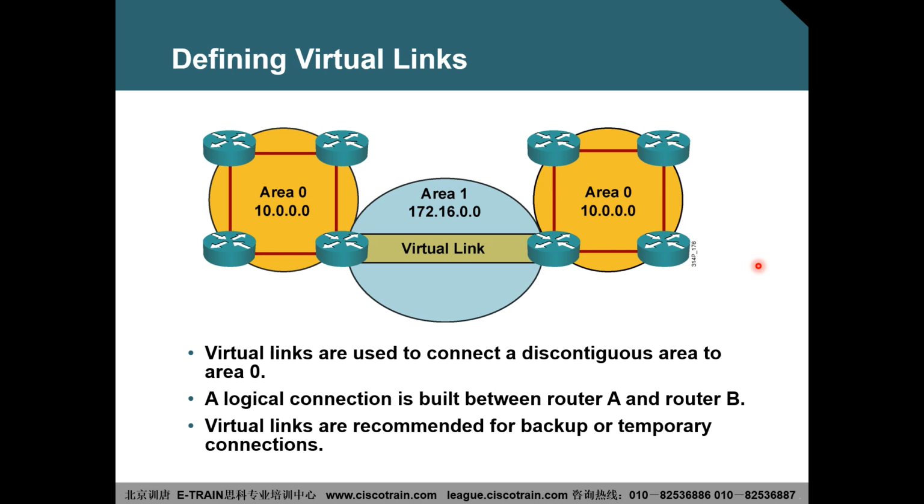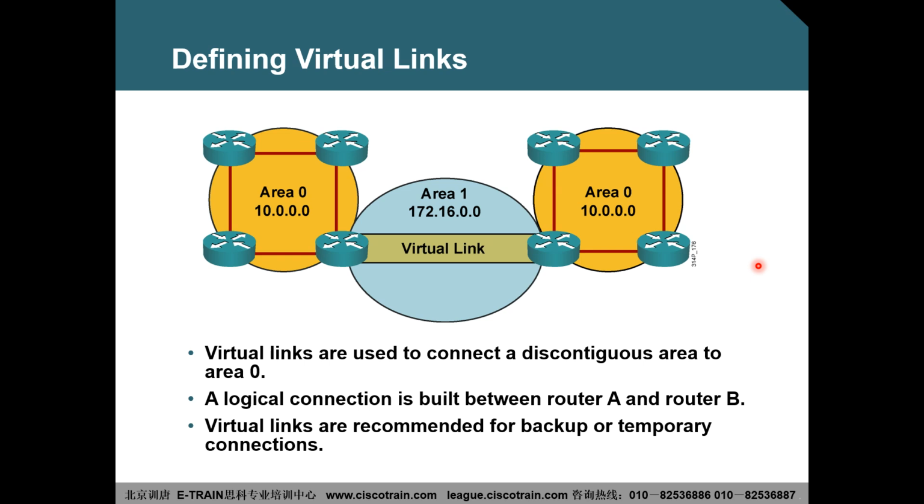Yes. Here what is happening is area 1 is made to appear like one wire connecting these two routers, so that these two routers will feel that we are having area 0 and it is not area 1.